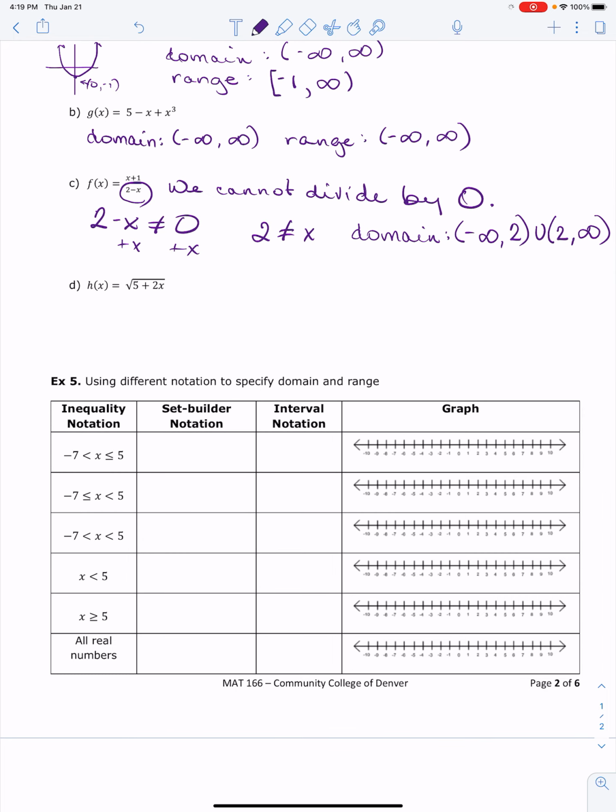D, we have a radical, the square root. We know the argument of the square root must be positive.